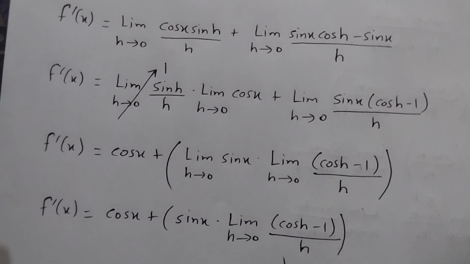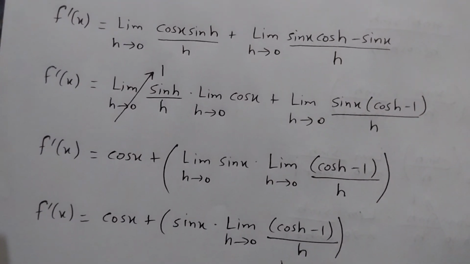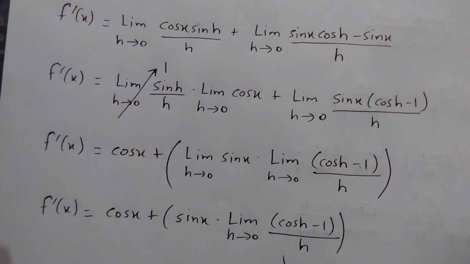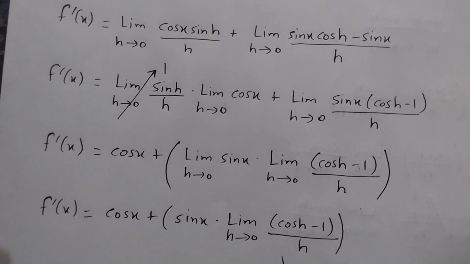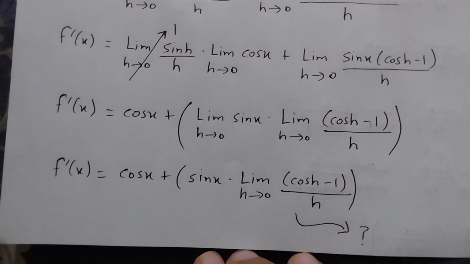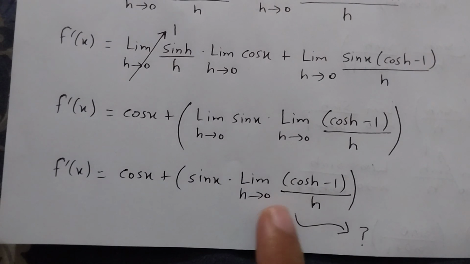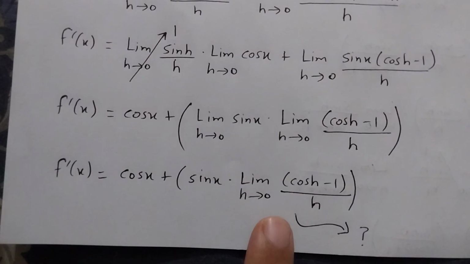So again, we have a limit in which h is approaching 0, but the function written is sin x, not sin h. So there is no h in the function, so we can ignore this limit and write sin x as it is, because it will make absolutely no difference. So this will become cos x plus sin x into the limit of cos h minus 1 over h, and h is approaching 0. So the only limit left now is this limit. We need to find this limit to find the derivative of our function, which was sin x.